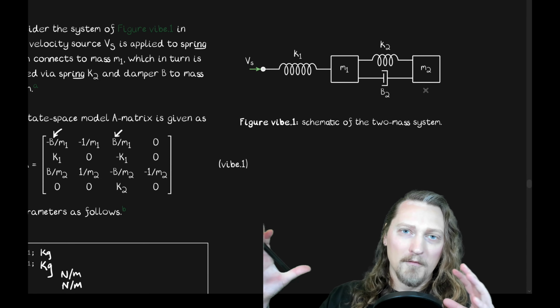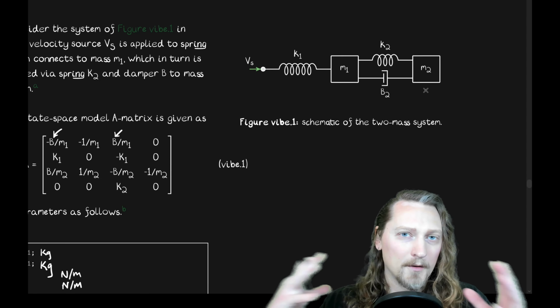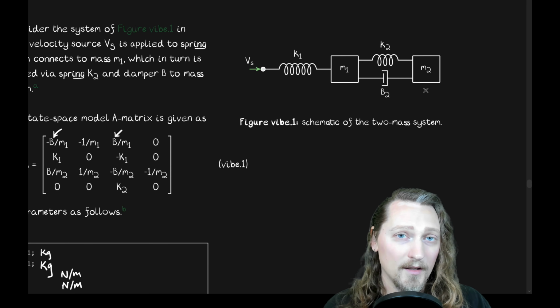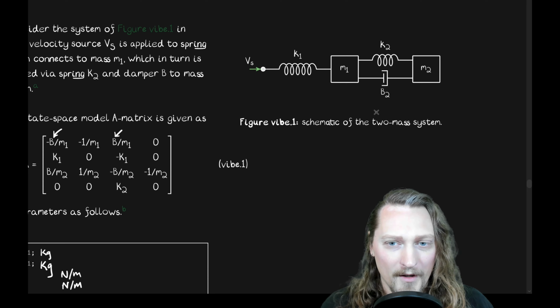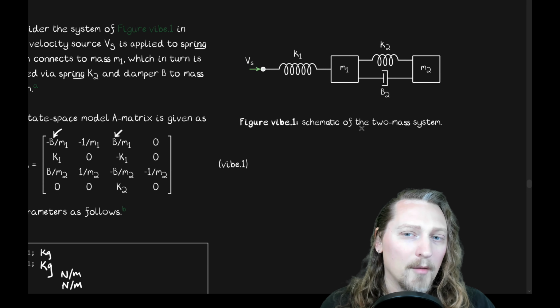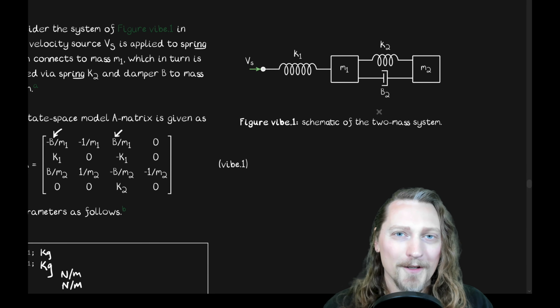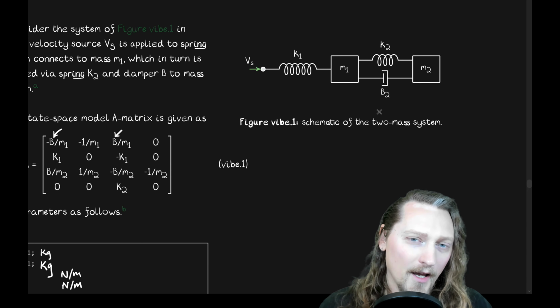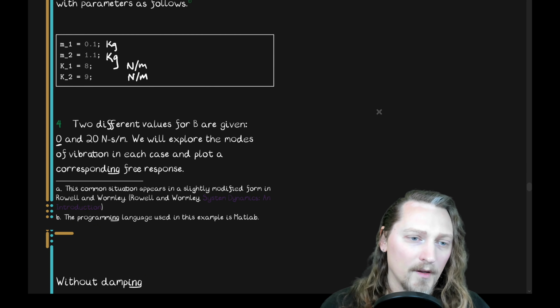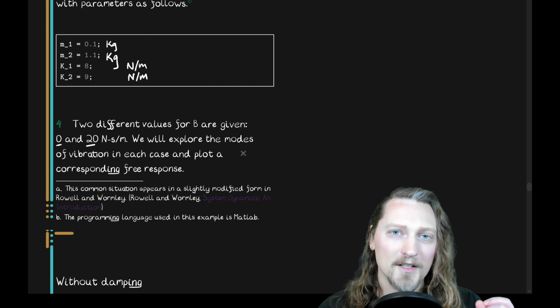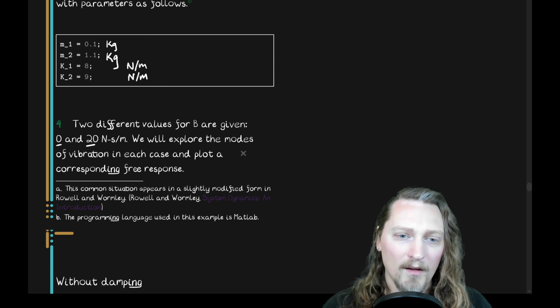The energy might move around, slosh around in the system, but it's not going to dissipate when B2 is 0, when there's no damping there. But when B2 is non-zero, there is an outlet for energy, and so energy will be converted into heat with that damper. So that damping of 20 Newton second per meter is what we explore in the second part of the problem.